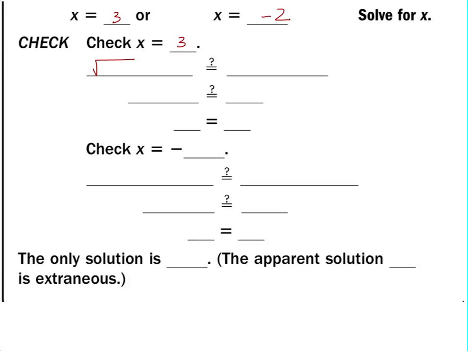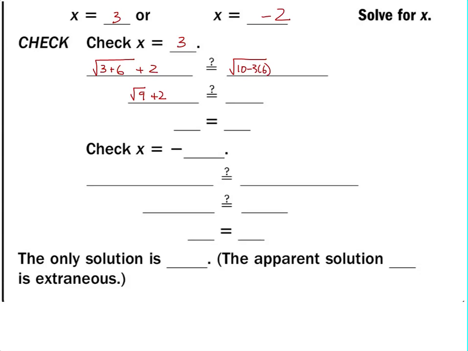It's not good. So go ahead, you put 3 in for x in the original equation: square root of 3 plus 6 plus 2 equals square root of 10 minus 3 times 3. You know what, I messed up.